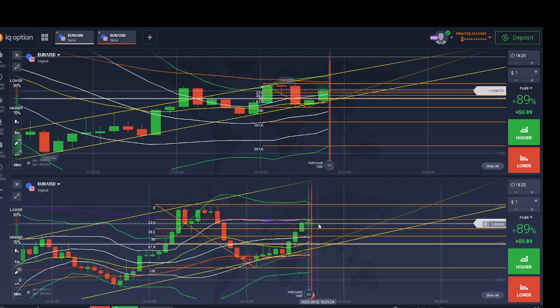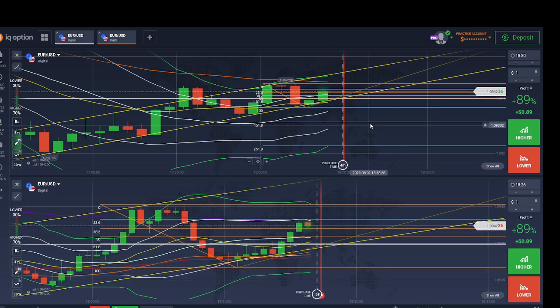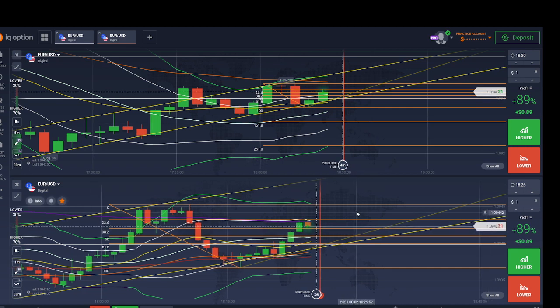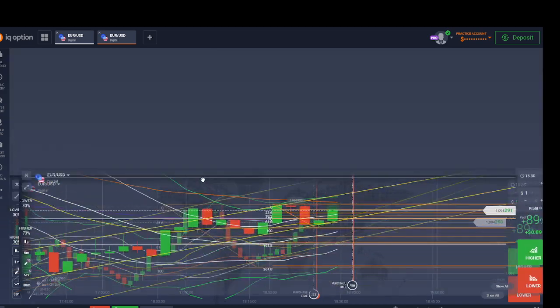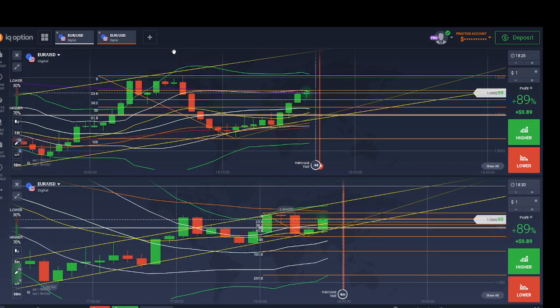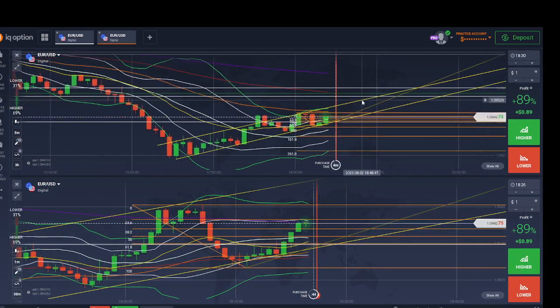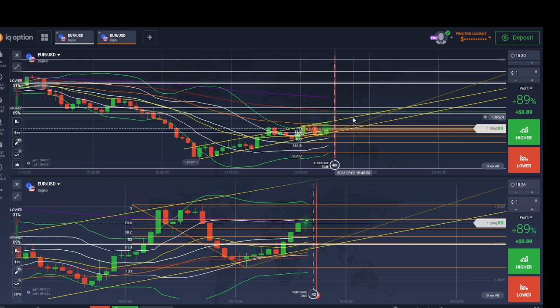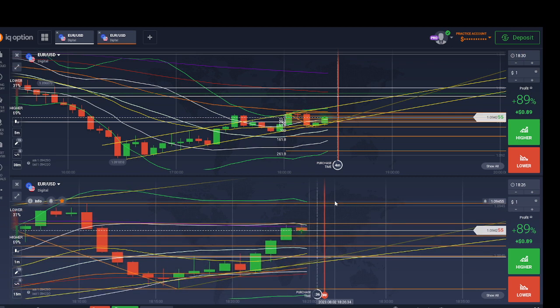Yes. So it is 3 white soldiers here. So I want to bring it like this. So it is 3 white soldiers here. That's better. It's 3 white soldiers here. Here the channel line is there. 3 white soldiers retracement is happening.